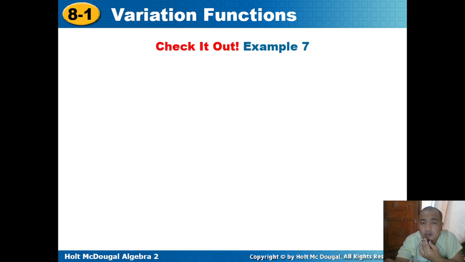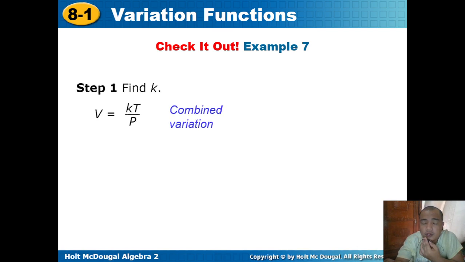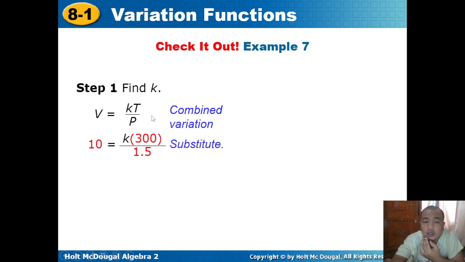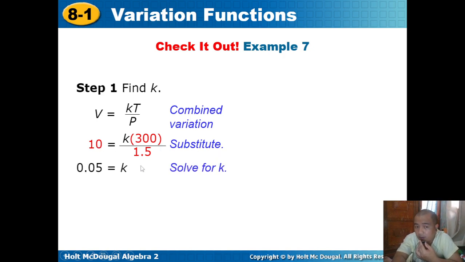So first, what will be our equation? Let's first find k. Volume varies inversely as P and directly as T. So substitute the given: the volume is 10, temperature 300, pressure 1.5. Let us now solve for k. Just multiply 10 by 1.5 divided by 300, which is 0.05.